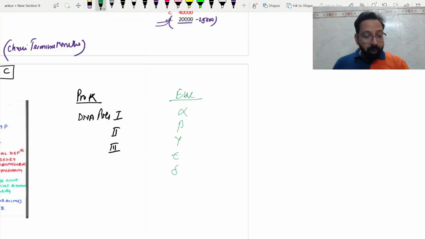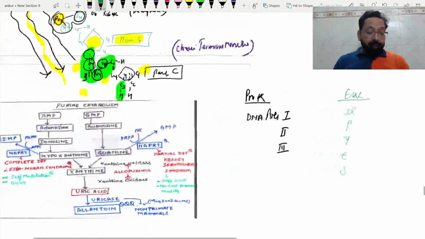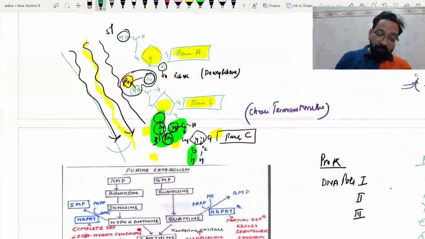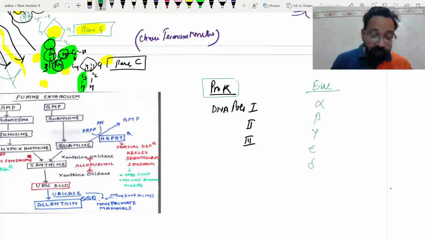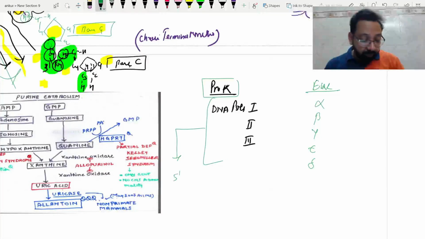So polymerases synthesize DNA, and DNA synthesis always occurs in which direction? 5 to 3 direction. So all DNA polymerases have 5 to 3 polymerase activity.